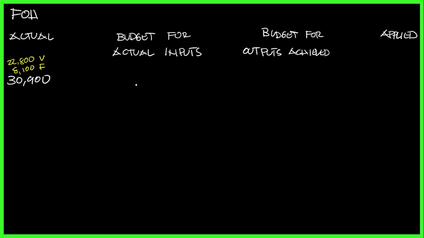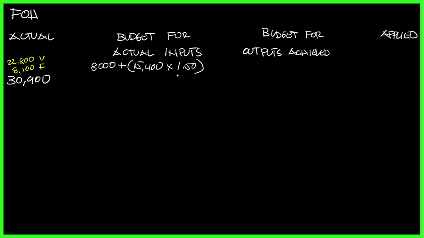Okay? Now your budget for actual inputs, that will now be 8,000 for your fixed, plus the value of 15,400, the actual hours, you multiply that by 1.5.